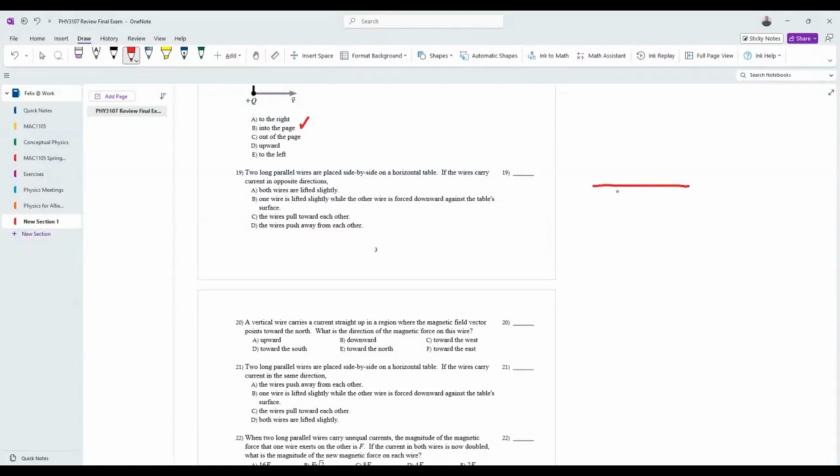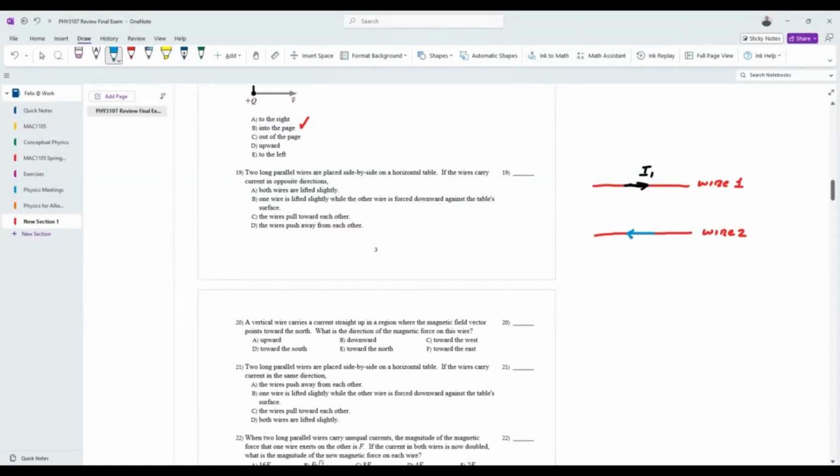So this is wire 1. There will be a current here that we're going to call current I1. And then here will be the second wire. In the case of the second wire, the current is pointing in the opposite direction.